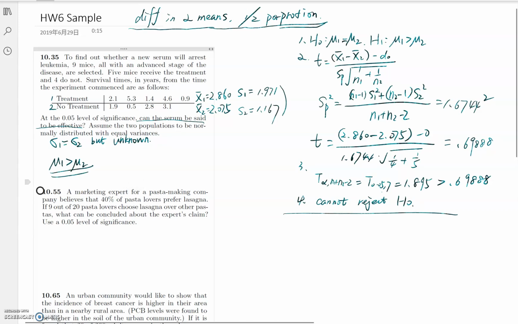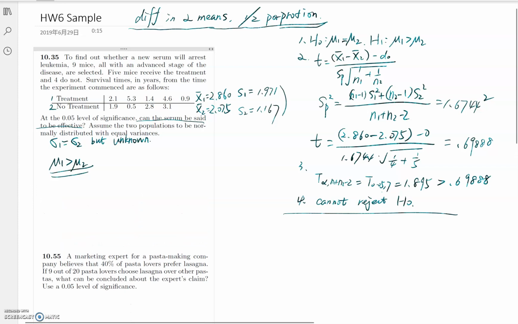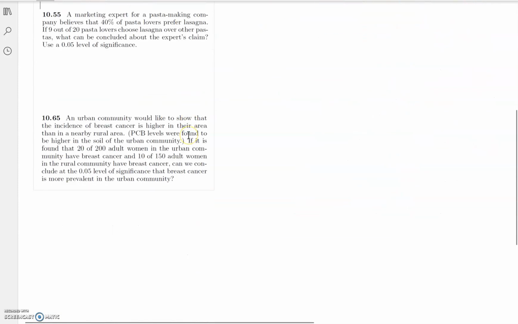Let's take a look at the second. A marketing expert for a pasta making company believes that 40% of pasta lovers prefer lasagna. If 9 out of 20 pasta lovers choose lasagna over other pastas, what can be concluded about the expert's claim? Use a 0.05 level of significance.